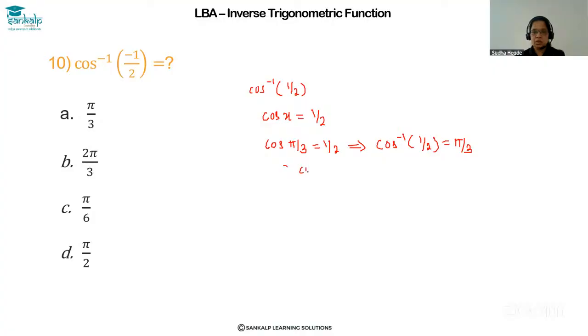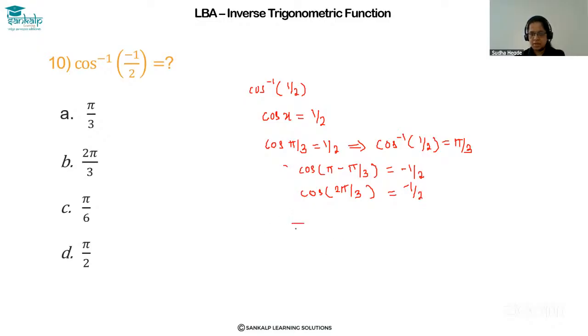So, you need to take cos of pi minus pi by 3. That is equal to minus 1 by 2. Okay, you need to take pi minus pi by 3 because in the second quadrant cos is negative. Calculate it. It is cos of 2 pi by 3 is equal to minus 1 by 2.